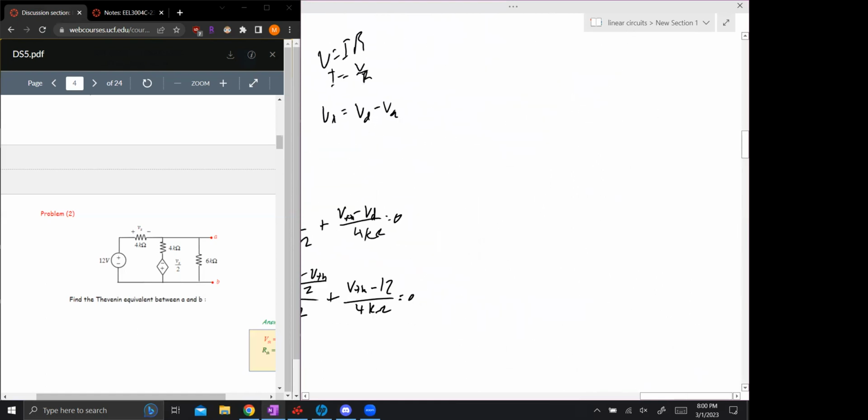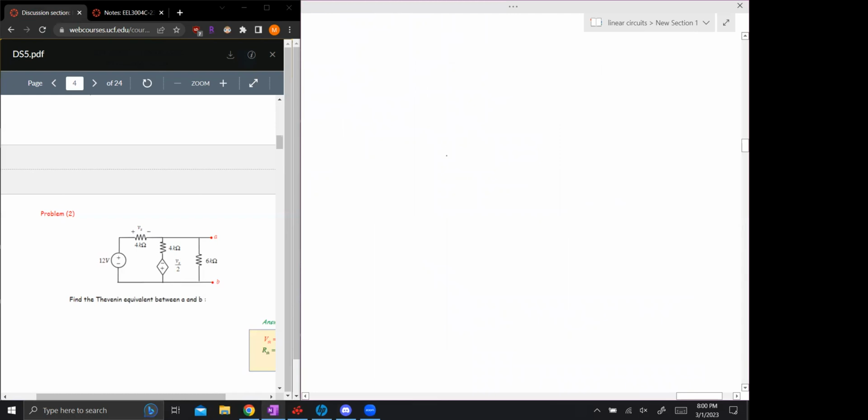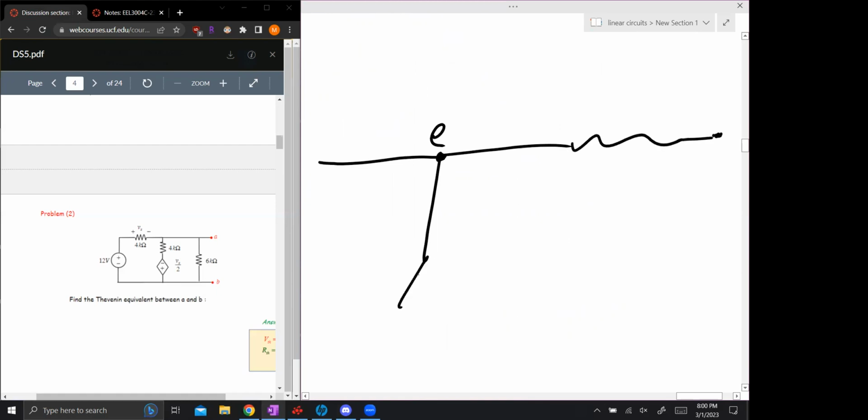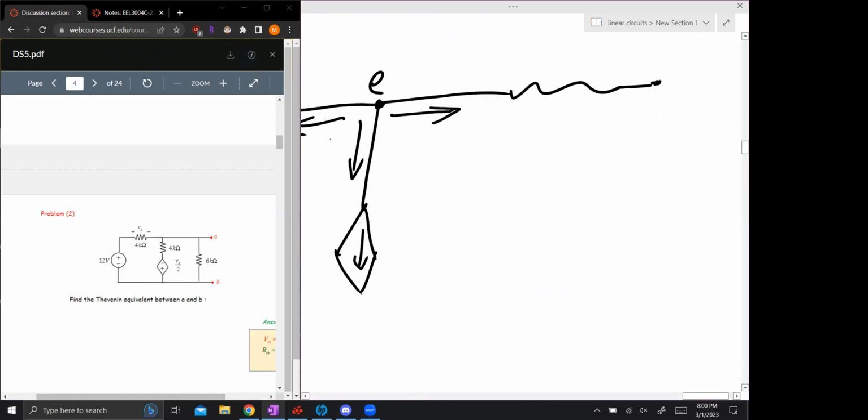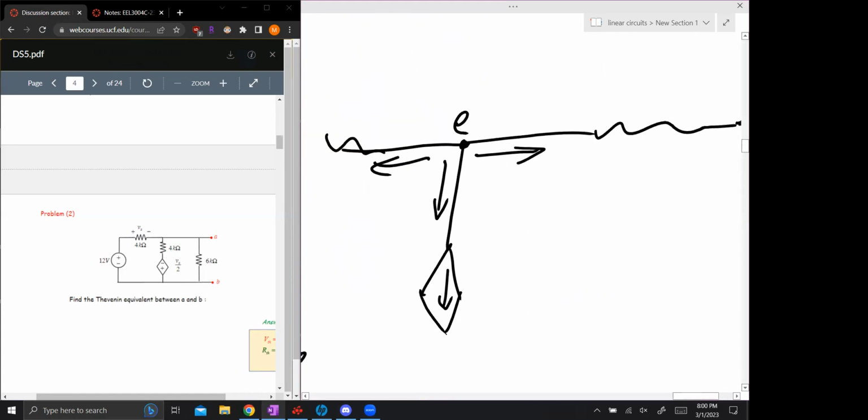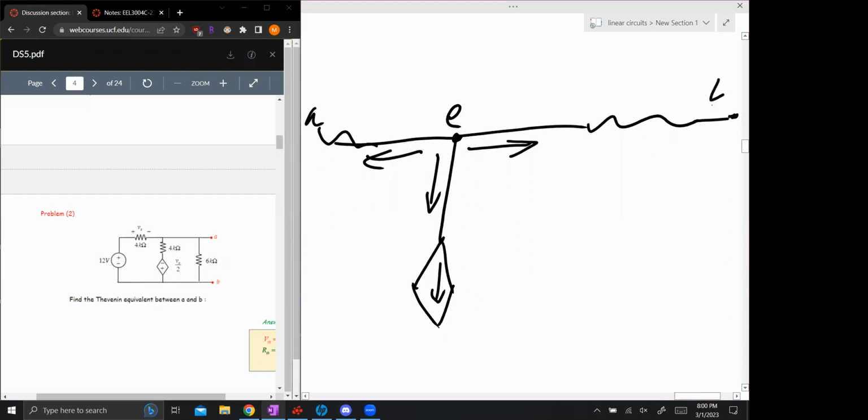The way Miss Fahim does KCL is she'll have a node, for example, let's say this is node E, connected to a bunch of other components, and it's pointing out to another resistor. She'll assume that all currents are flowing out of that node. And what's nice about that is it's consistent. Say you have node E here, and B, C, and A around it.